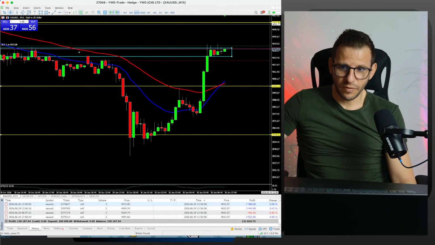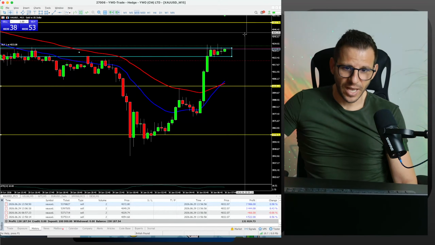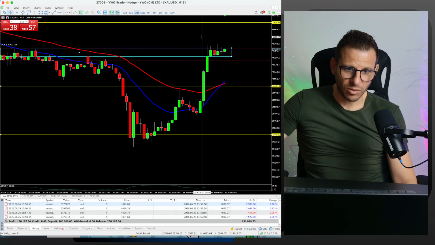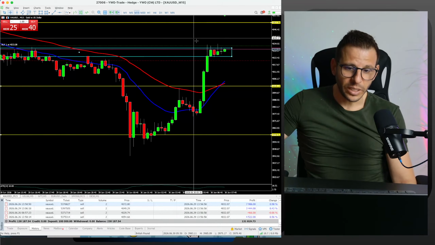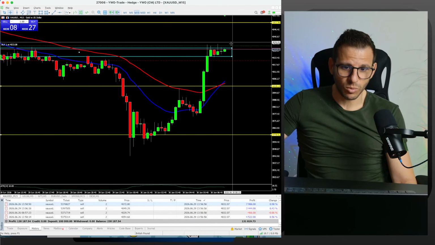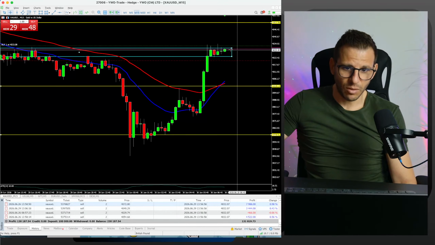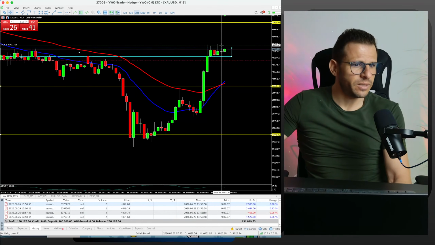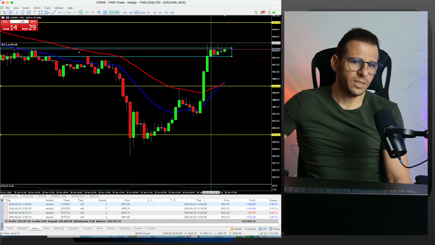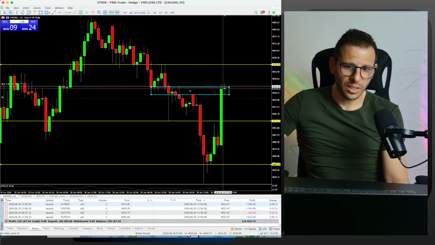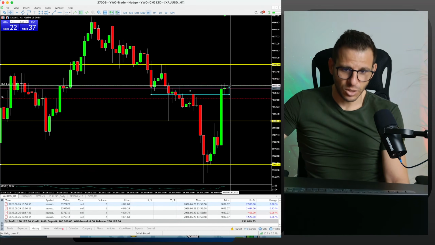I told you the last 15 minutes until the end of the hourly candlestick are the crucial ones, and here is what we're going to see, either a move to the upside or to the downside. I don't think it's going to stay as an inside consolidated move because the hourly candlestick must show something.